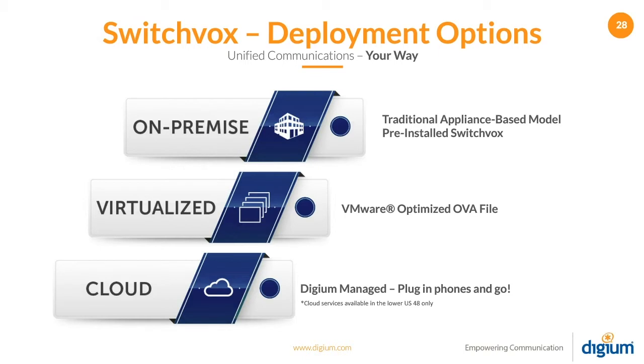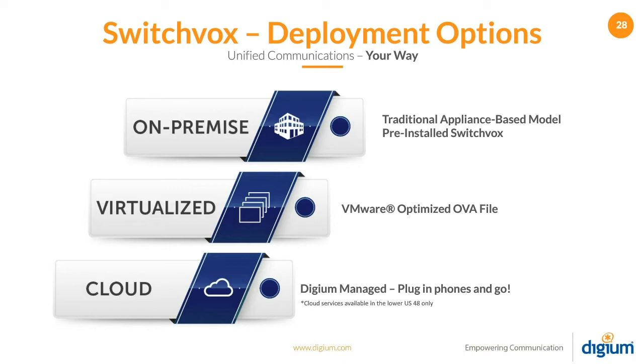If you are currently using VMware and you'd like to take advantage of that, or if you'd like to use VMware to not necessarily have a dedicated hardware appliance just for your phone system, well, we can provide you with Switchvox as a VMware optimized OVA file. And of course, we also have Digium Switchvox Cloud, which is Digium managed. You basically plug in your phones and go. And the nice thing about that is that there's nothing on site that you have to worry about except for plugging in your phones. And Digium will maintain and manage the entire backend for you, including updates and things like that. I will point out, however, that currently cloud services are only available in the lower 48 U.S. states.